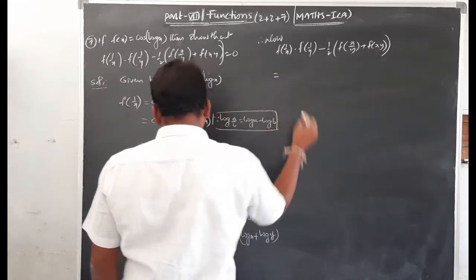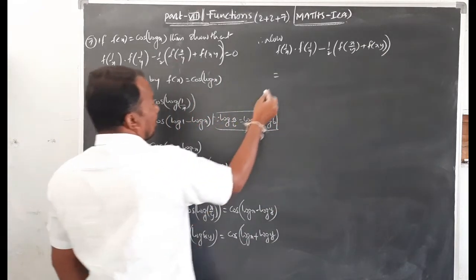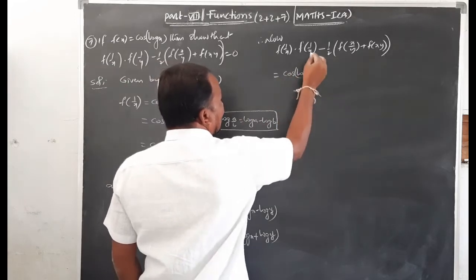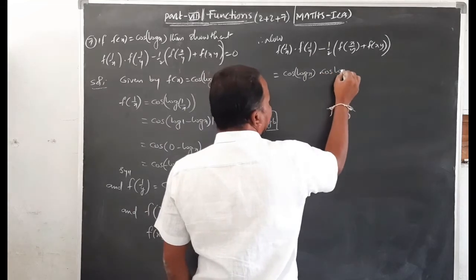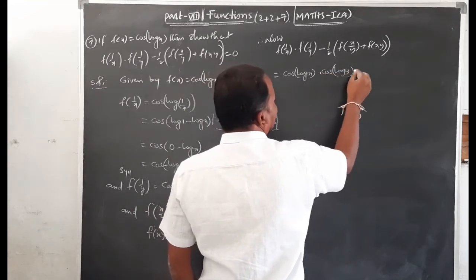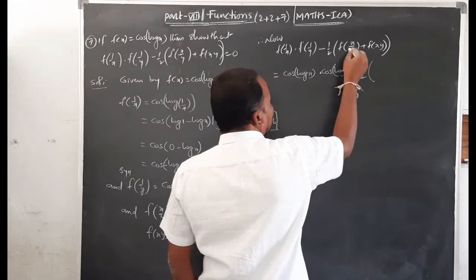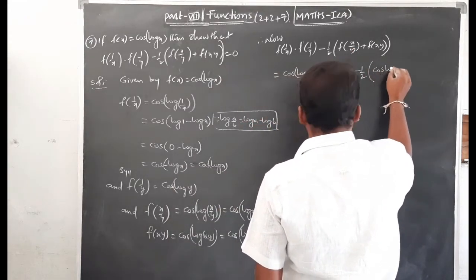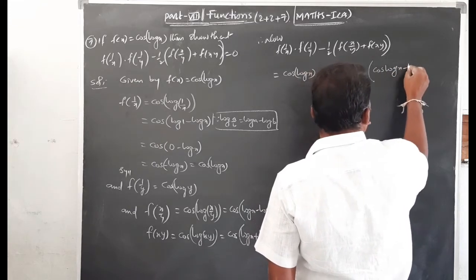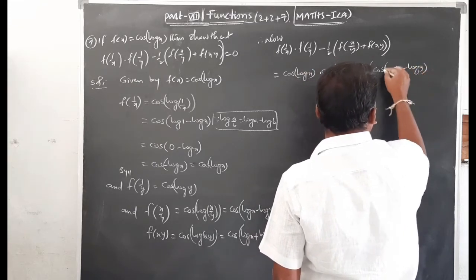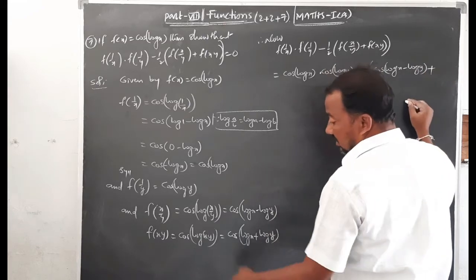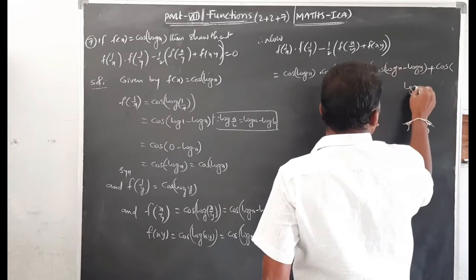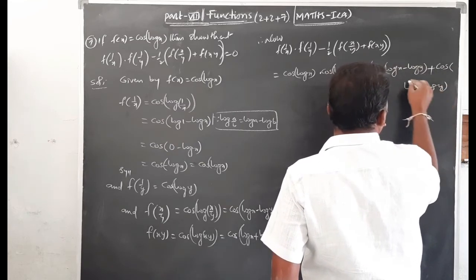That is cos of log x into cos of log y minus 1 by 2 of cos of log x minus log y plus cos of log x plus log y.